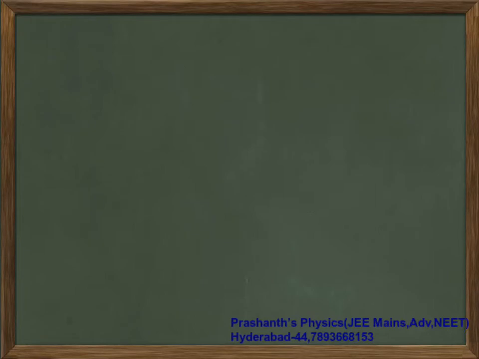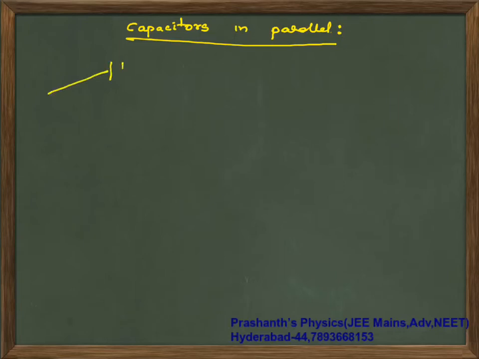Now, coming to the second case, capacitors in parallel. If you have your capacitors connected in parallel, this is C1, this is C2, this is C3, this is C4, like this.